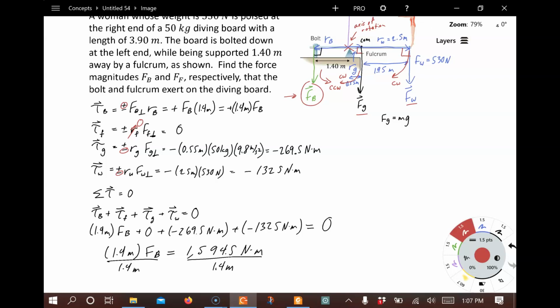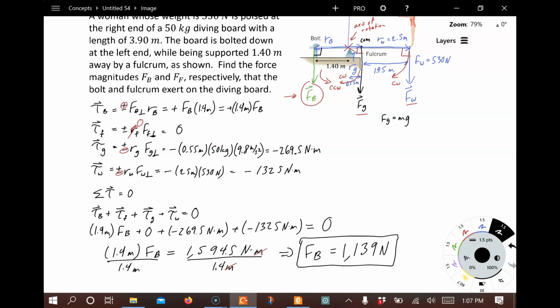We'll cancel out our meters and be left with the newtons of force applied by the bolt. Plugging that into the calculator, we get about 1,139 newtons of force. And of course that's positive since FB is a magnitude.